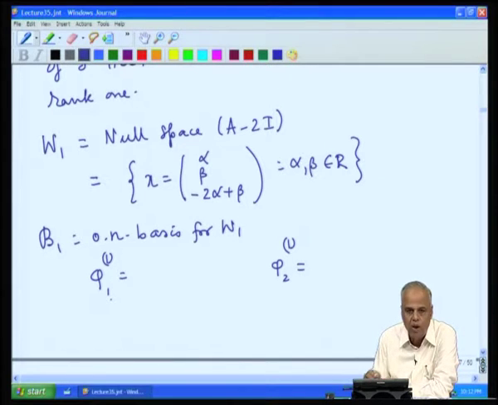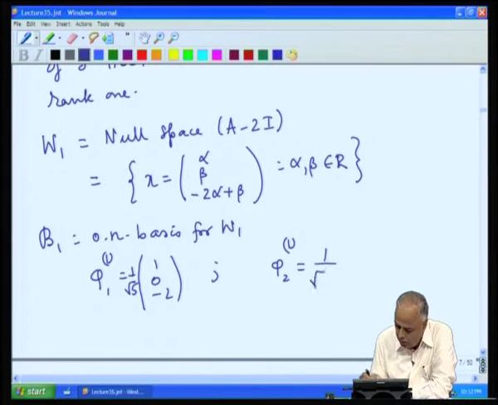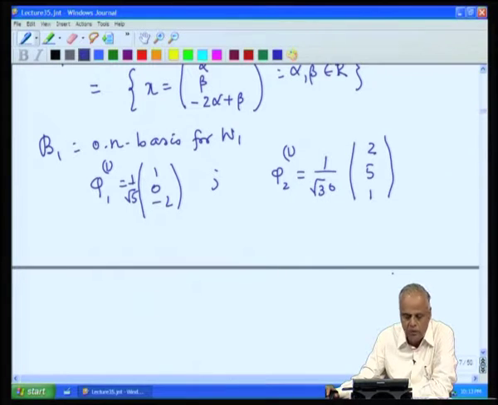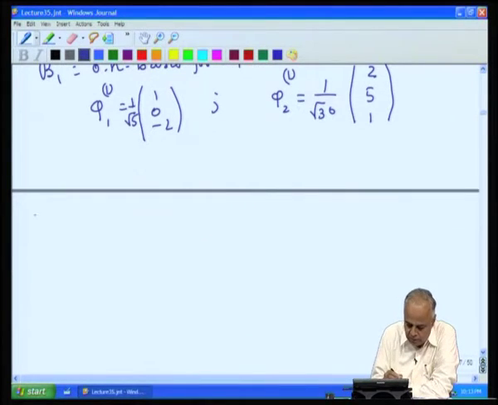The phi 1 1 we found as 1 by root 5 into 1, 0, minus 2, and the other one we found as 1 by square root of 30 into 2, 5, 1. These were the two orthonormal vectors which form a basis for the eigenspace corresponding to the eigenvalue lambda 1, which we have found in the previous lectures.